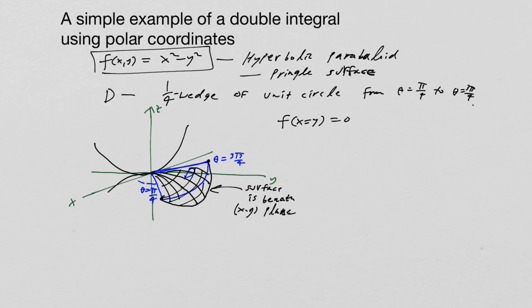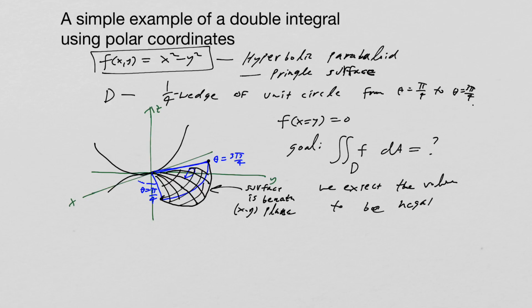Okay, so what is our goal? We want to compute the double integral over f dA on this 1/4 wedge of a circle. We expect the volume to be negative.